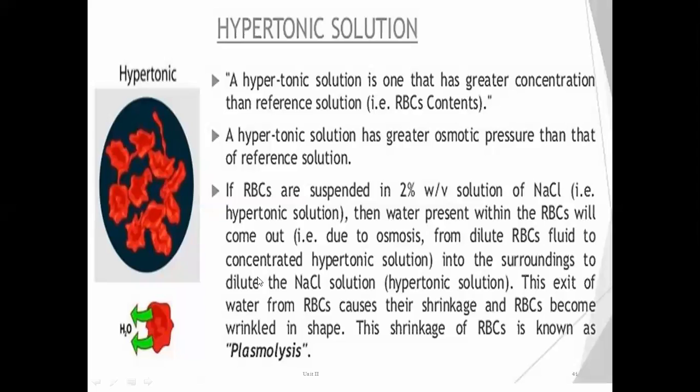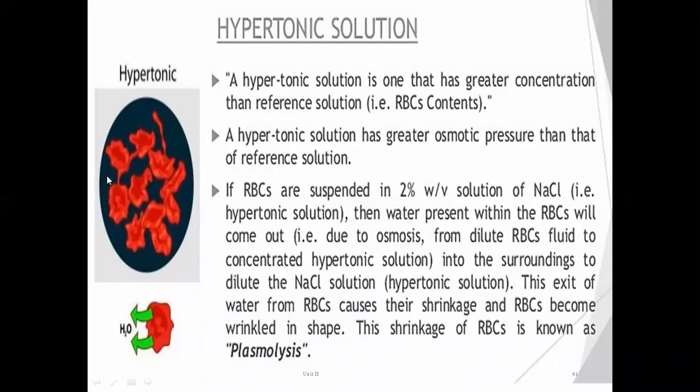The water present in the RBCs will come out due to osmosis, from the dilute RBC fluid to the concentrated hypertonic solution, because the extracellular fluid has a higher concentration than the RBC cell membrane. So the water in the RBCs will come out. That's why the RBCs will shrink. The exit of water from the RBCs causes their shrinkage, and the RBCs become wrinkled in shape.